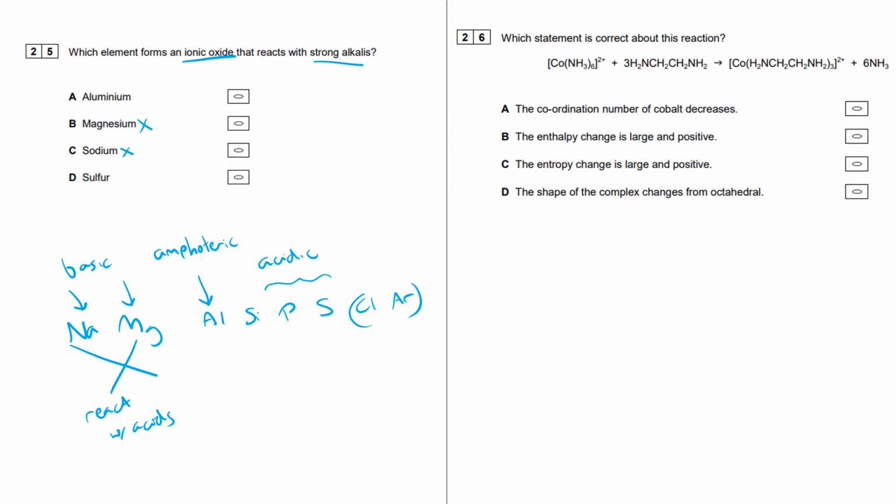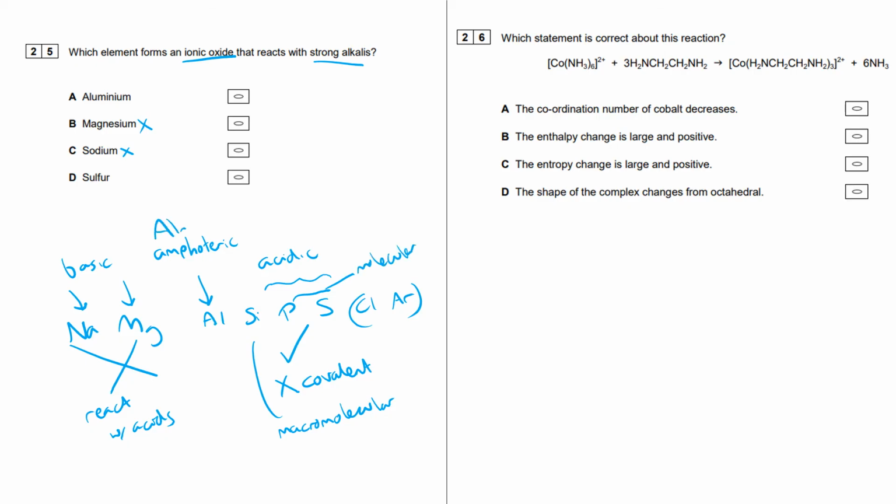The acidic ones, silicon oxide, phosphorus oxide, sulfur oxides, will react with strong bases, but they're not ionic. These are covalent substances, with silicon oxide being macromolecular and phosphorus and sulfur oxide being molecular. So they're not ionic.